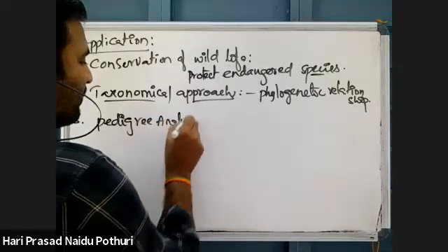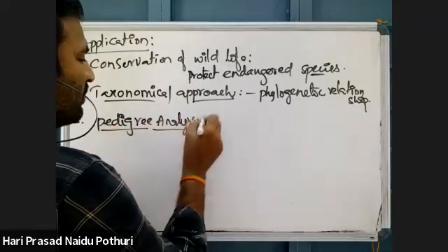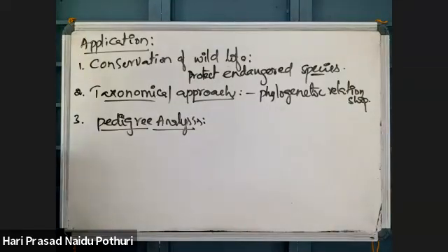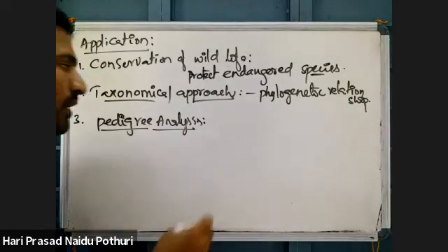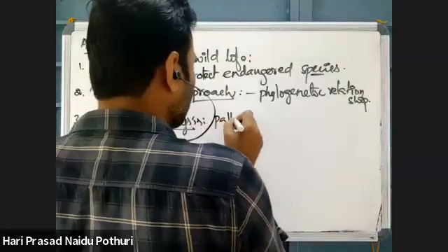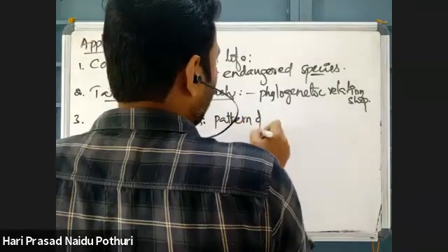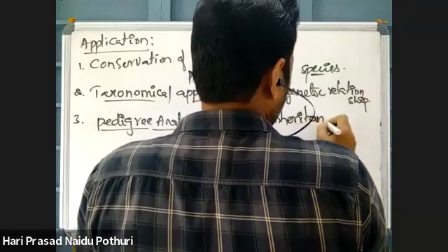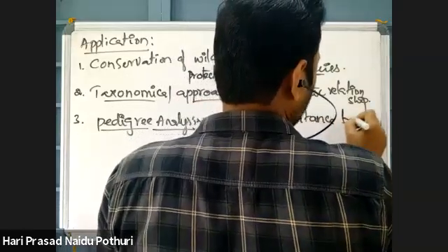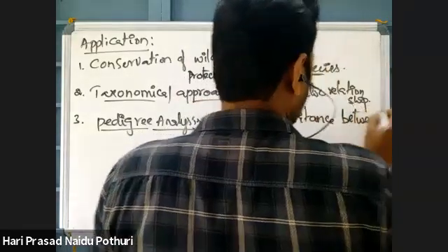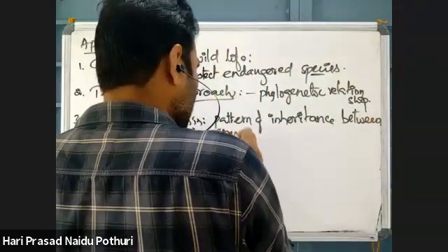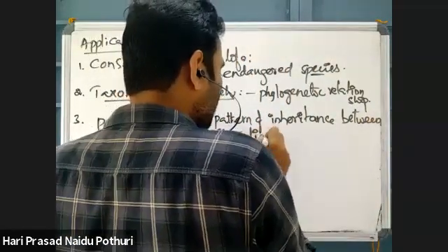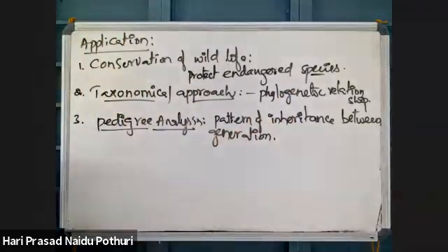Pedigree analysis is a process where we can find the pattern of inheritance from generation to next generation, between generations. That we can identify by using a method called pedigree analysis.